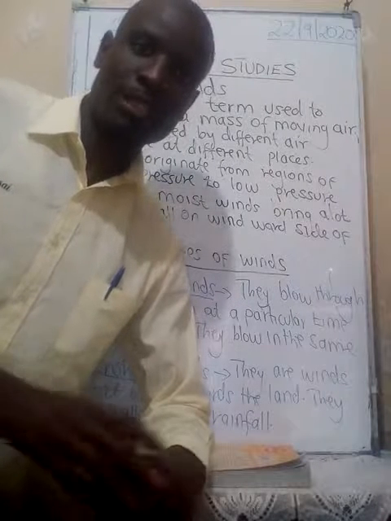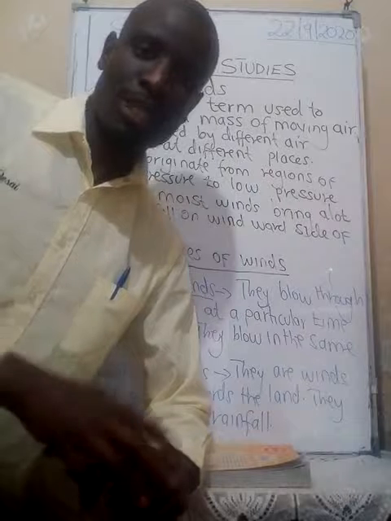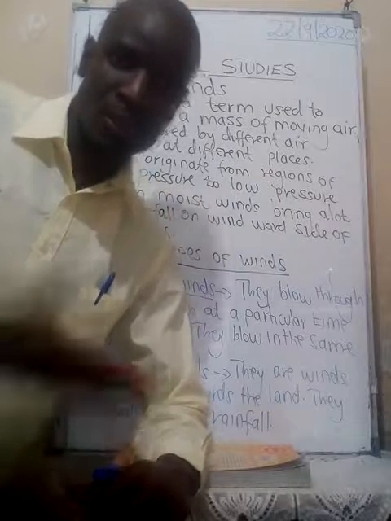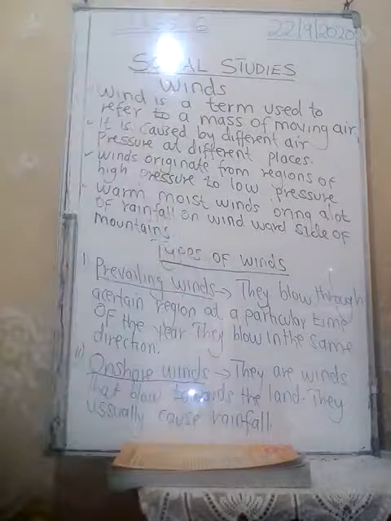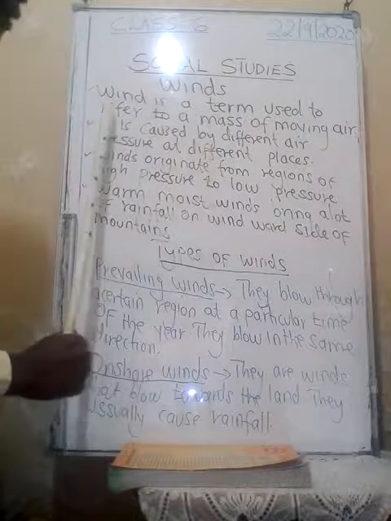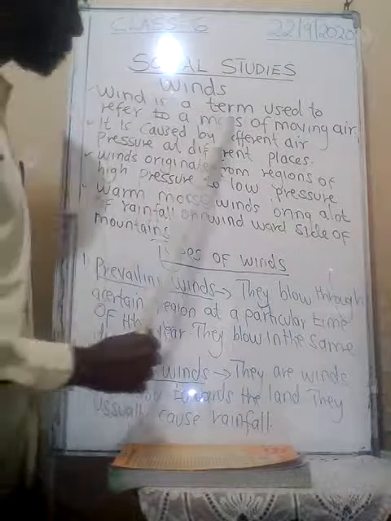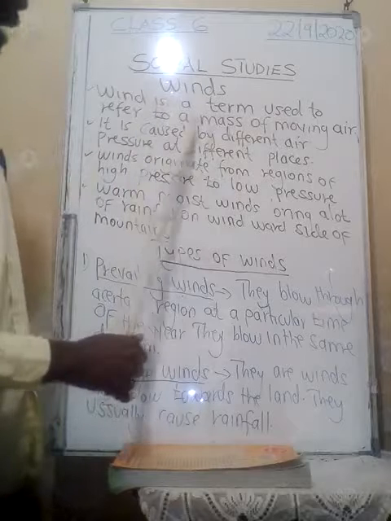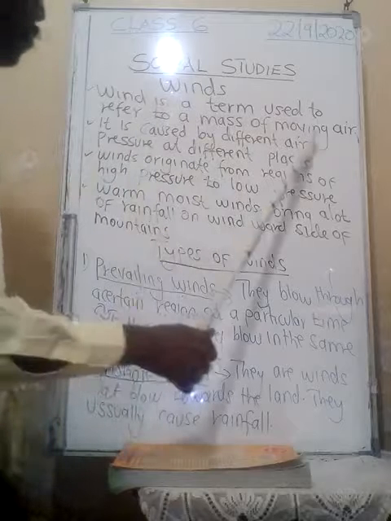And we want to look at the winds, as we had started that area on the winds. So basically, we are talking about winds. What are winds? We say that wind is a term used to refer to a mass of moving air.